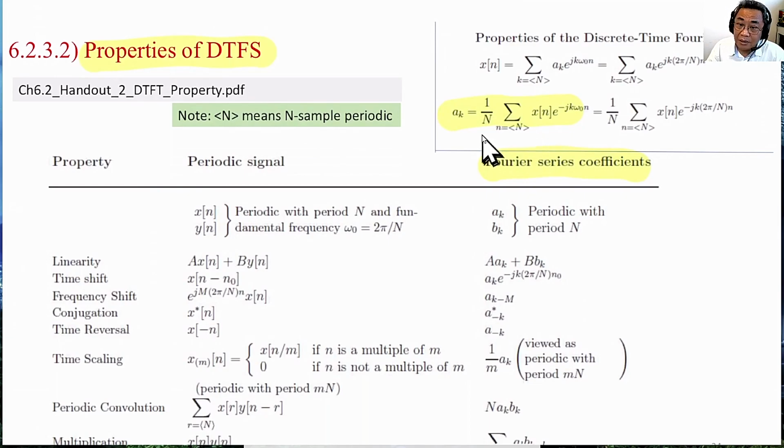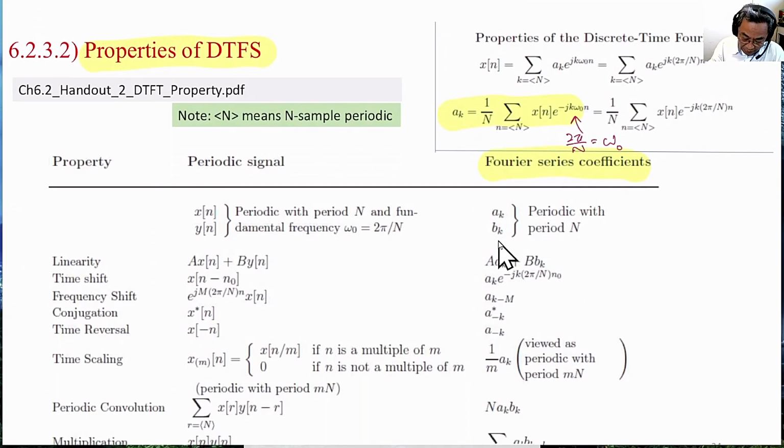And to get the DTFS coefficients, it is what you have known so far, 1 over N, over one single period, x[n] times e^(-jkω0n), where ω0 is of course 2π over N. Right, so we have now defined what is a_k, which is the DTFS coefficients of x[n].